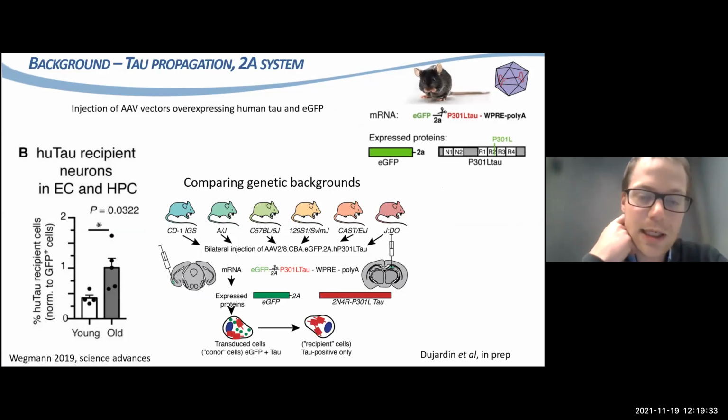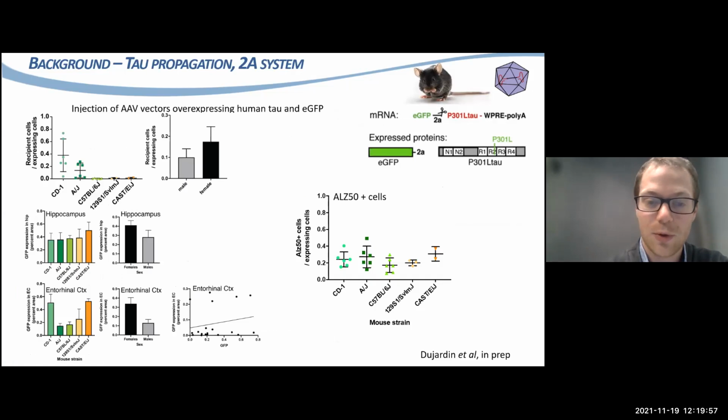So what we did is first we compared young versus old mice, showing that old mice have more propagation than young mice. And then we took mice with very diverse genetic backgrounds, we injected them, and we quantified the amount of propagation in the different strains.